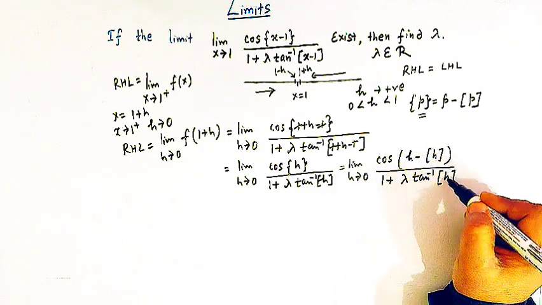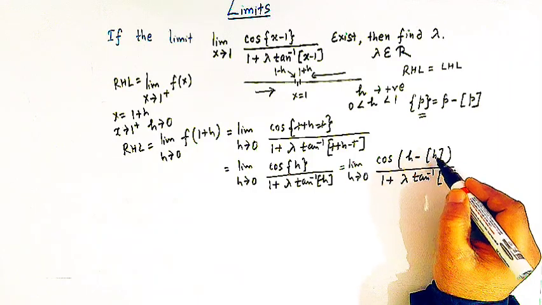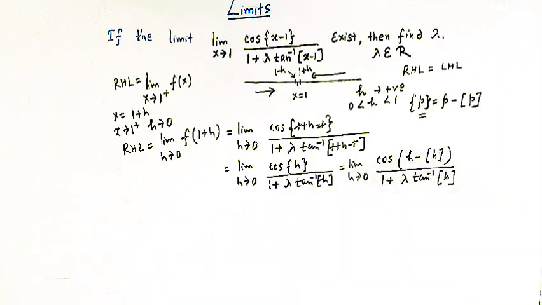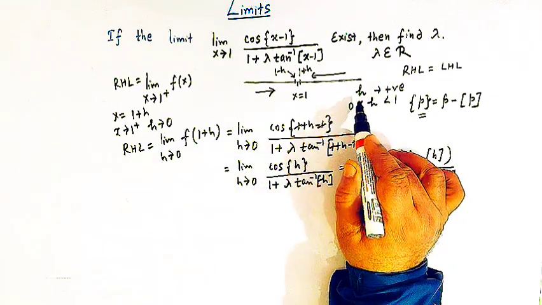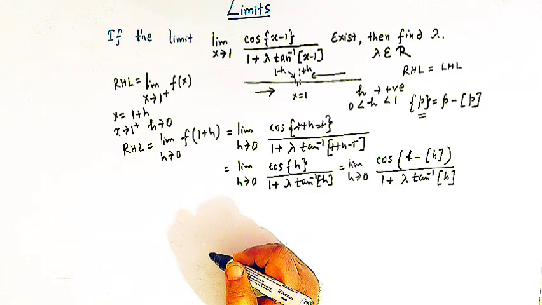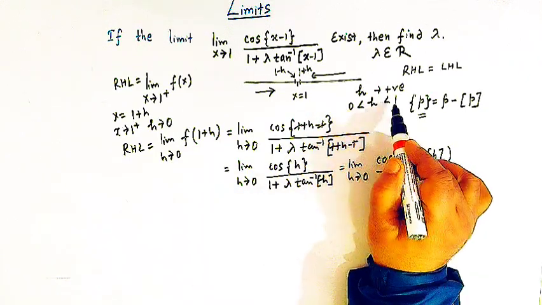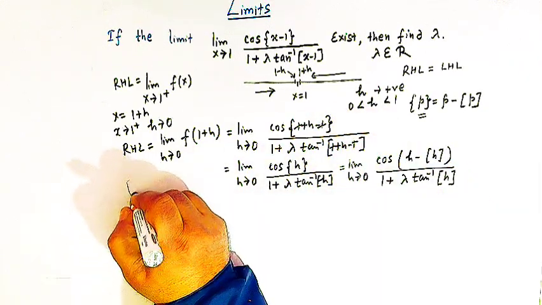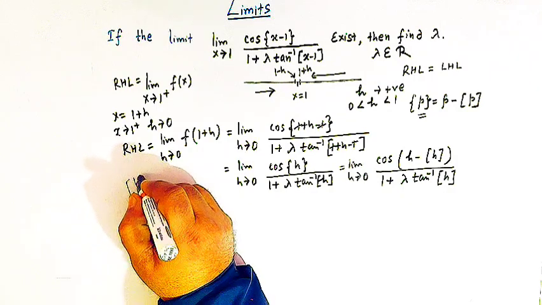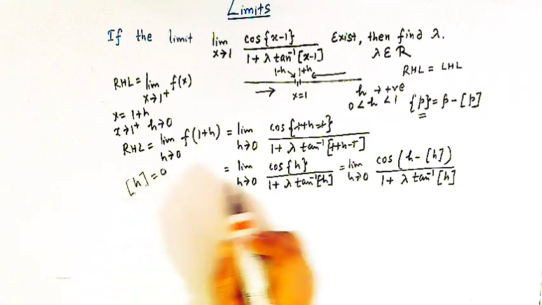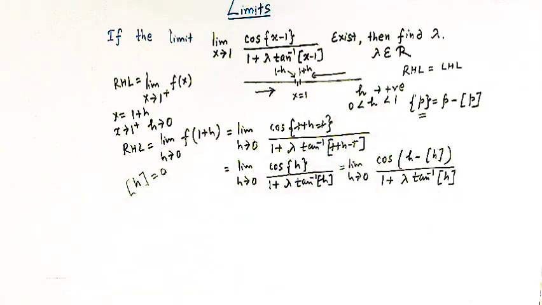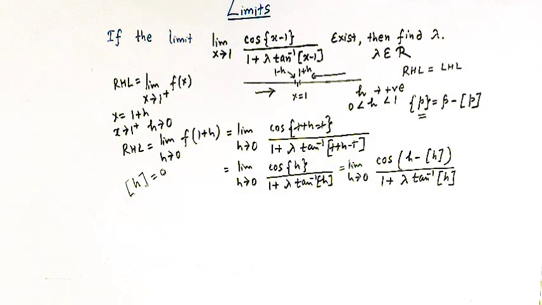Instead we'll make use of the definition of the greatest integer function. See, h is a positive quantity, infinitesimally small, and h lies between 0 and 1. So the greatest integer of h should be equal to 0, because h lies between 0 and 1.